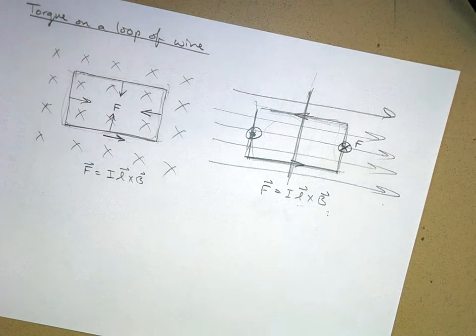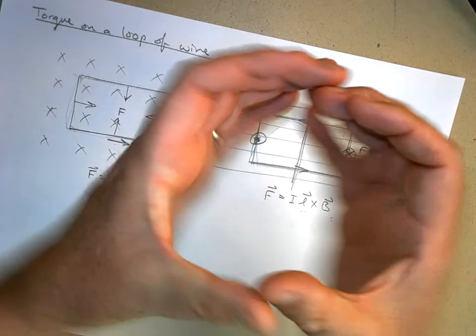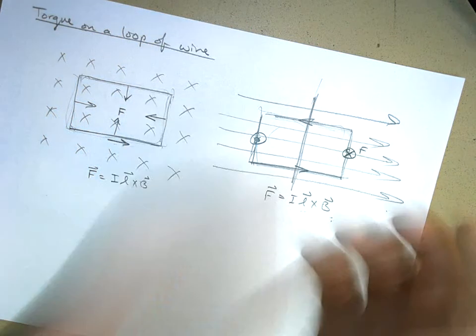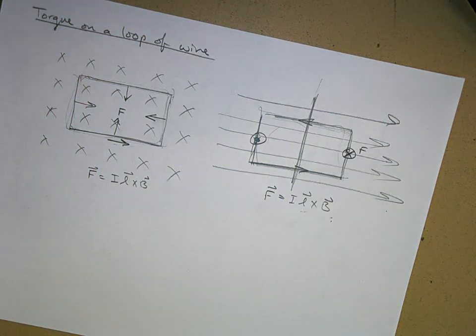And if you have a whole bunch of these loops and you kind of fold them around a cylinder, you'll get a nice, smooth, continuous torque in your electric motor. That's a really great branch of engineering, electrical engineering. They study how to make really efficient motors from currents and magnetic fields. It's an engineering marvel.